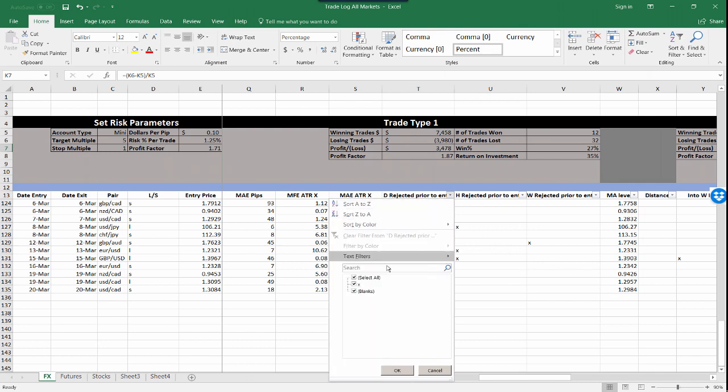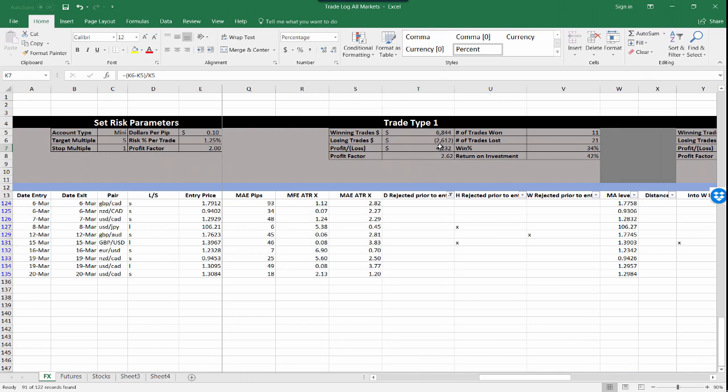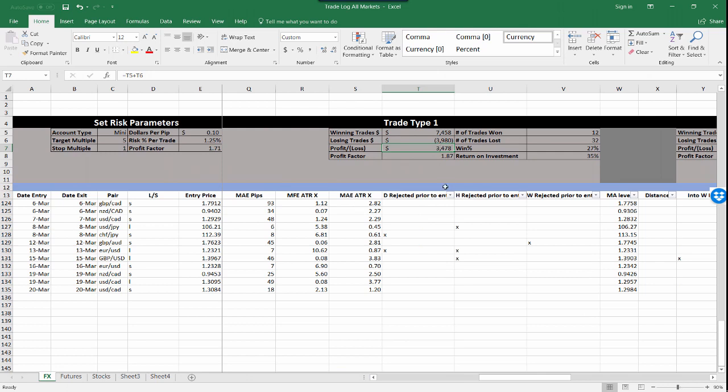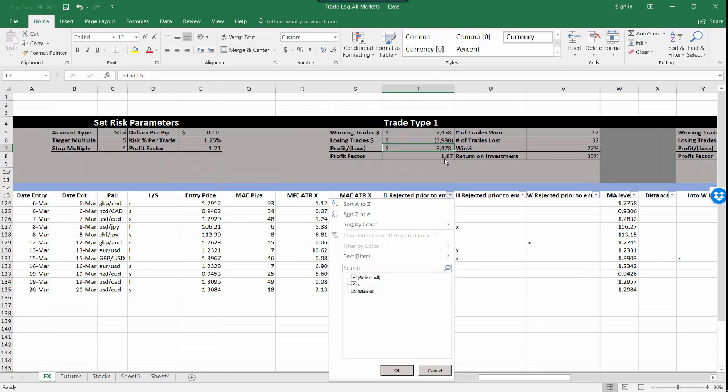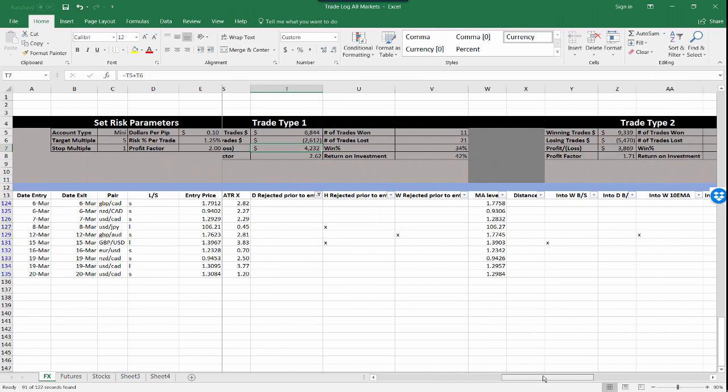So if we remove any trade that's trading into a daily level, you can see the difference on trade type 1, right? So we started with 3,400 and a profit factor of 1.87. So we add $800 to the profit on trade type 1.